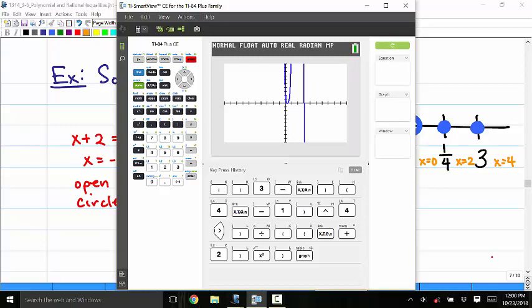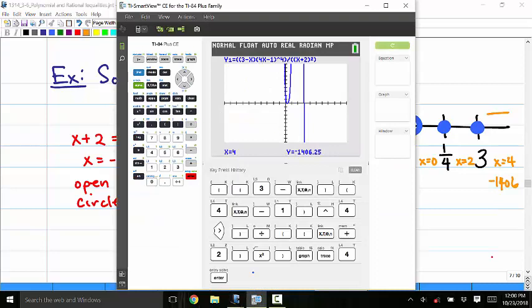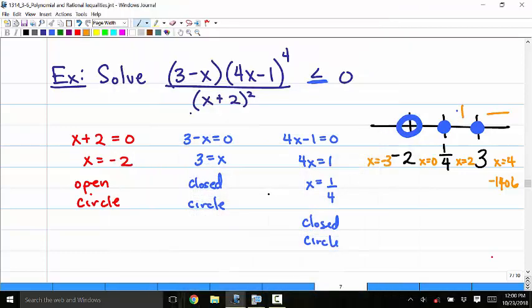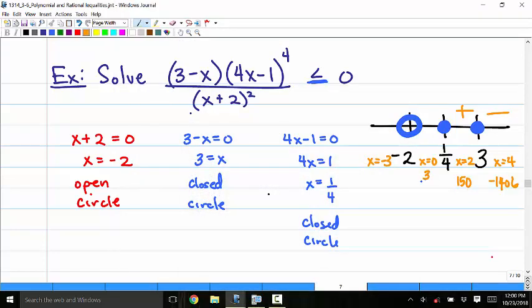I'm going to do x equal 4 first. I get negative 1406 and some change. If I do x equal 2, I get positive 150 and some change. If I do x equals 0, I get positive 3/4.